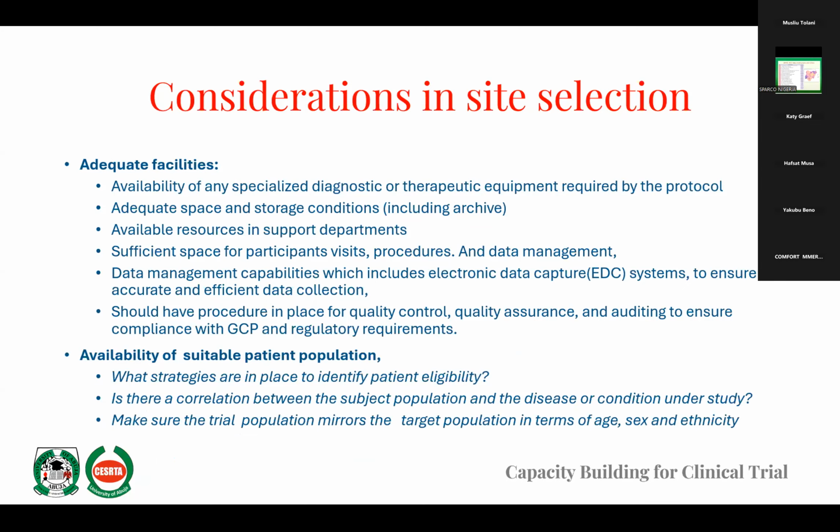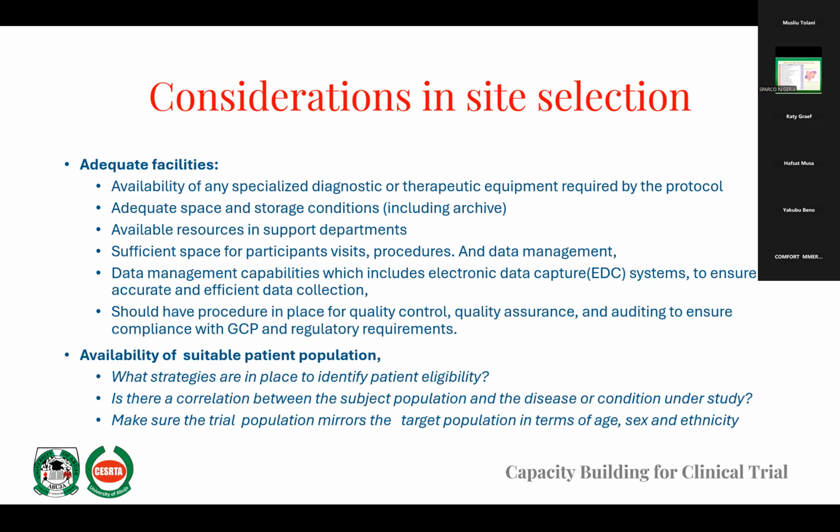So again, adequate facilities are very crucial. Adequate facilities in terms of availability of specialized diagnostic or therapeutic equipment required for that protocol. Again, that entails maybe the person who's going to select the site, the sponsor, visiting those sites and seeing whether they have the number of equipment that can run the study.